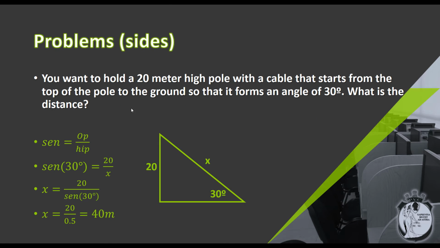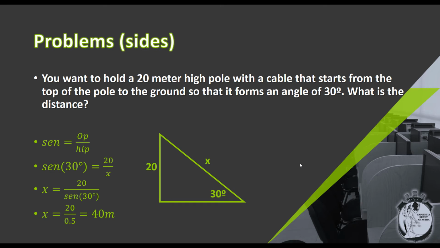Okay, for example here, this is a problem for sides. You want to hold a 20-meter high pole with a cable that starts from the top of the pole to the ground, but you need to create an angle of 30 degrees.